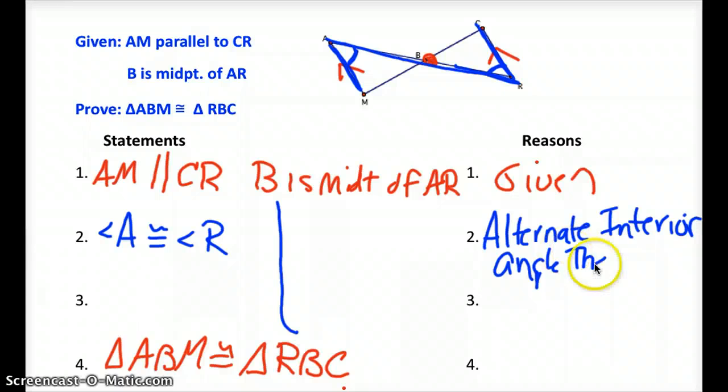It's a theorem because that works when the lines are parallel. And yes, I did let you write alternate interior angles down without theorem, but that is a theorem, so we should be writing that word in there. And that is because if the lines are parallel, then the angles are going to be equal, only when lines are parallel.